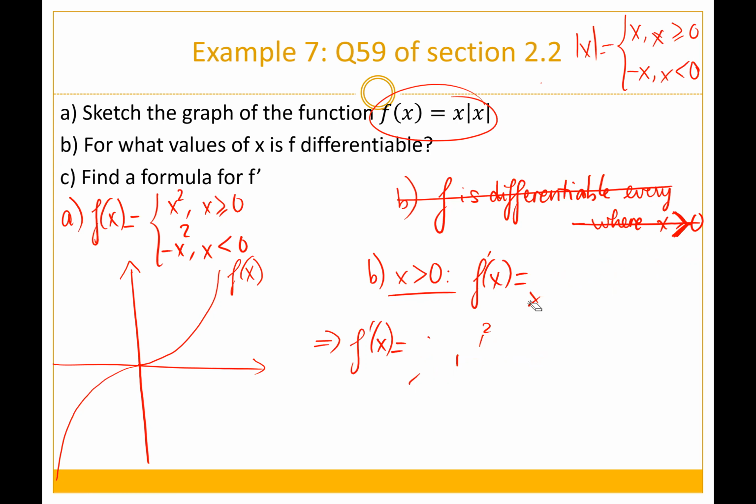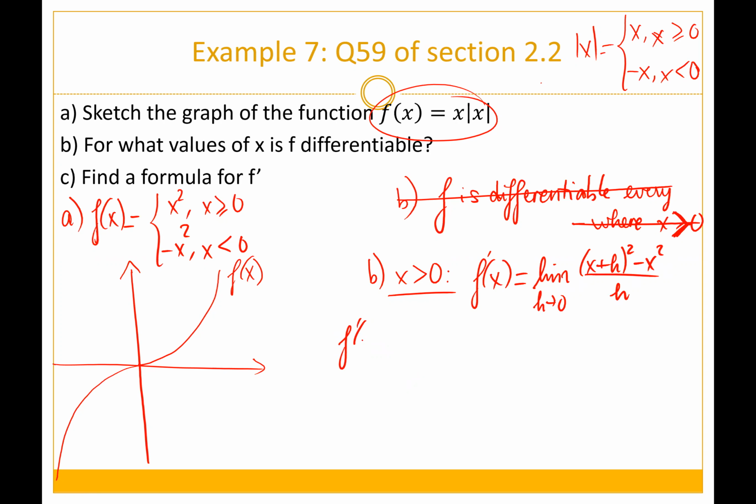The way that we find these derivatives in higher classes of calculus is very different from this definition, but the final answer is the same. I'm just trying to make it in the way that is the easiest to understand. So you have f prime of x. Let's find it this first way: the limit as h approaches 0 of (x plus h) squared minus x squared, divided by h.